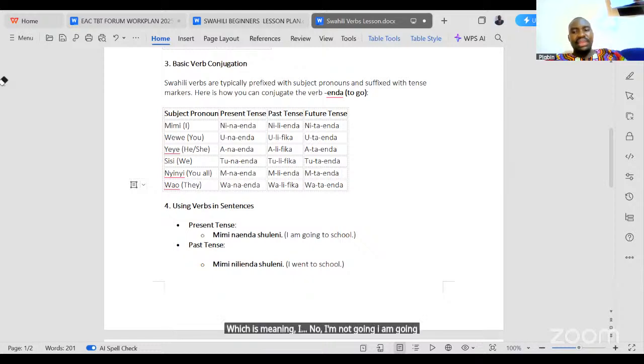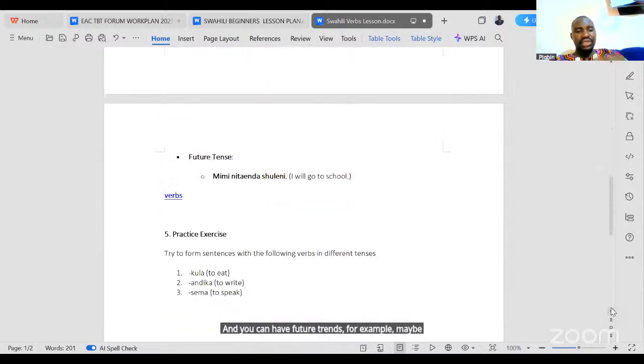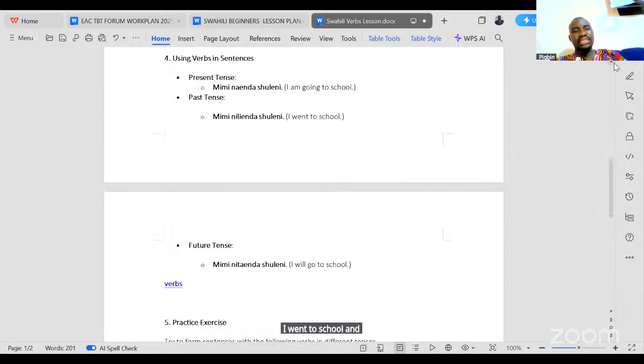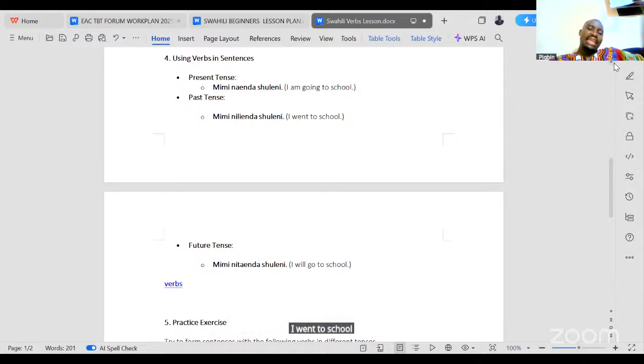Past tense is mimi nilienda shuleni, I went to school. And you can have the future tense, for example, mimi nitaenda shuleni. I am going to school is the present tense, mimi naenda shuleni. I went to school is mimi nilienda shuleni. I will go to school is mimi nitaenda shuleni.